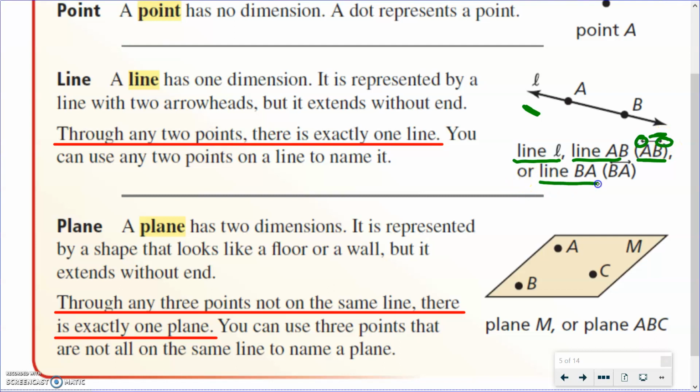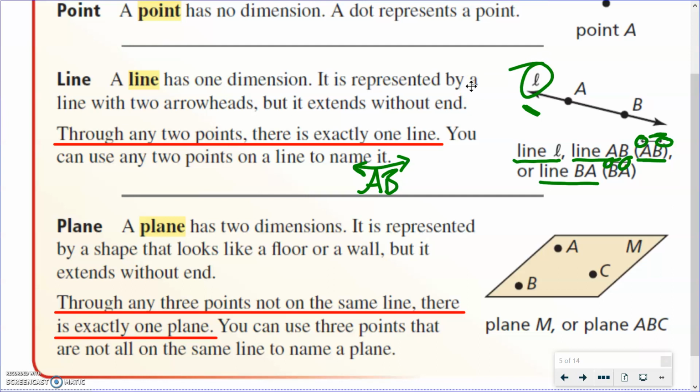Or you can write line BA, or BA with the line with two arrowheads over the top. Again, the part that's really important is this arrow and this arrow. The order doesn't matter when it's a line because it goes both directions, or when there's a lowercase letter like that, you can name it line L.